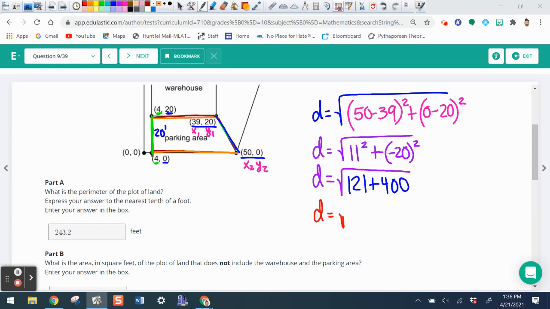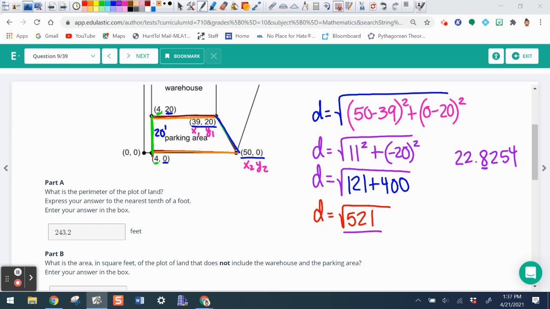So D will equal the square root of 121 plus 400, which should be the square root of 521. Now, many of you learned how to simplify square roots, but if you notice, the directions ask us to round it to the nearest tenth. So if they tell you to round to the nearest tenth of a foot, you don't need to actually simplify this square root. You can simply take the square root of 521 in the calculator to find its decimal approximation. So the square root of 521, in my calculator, I get 22.8254 and so on.